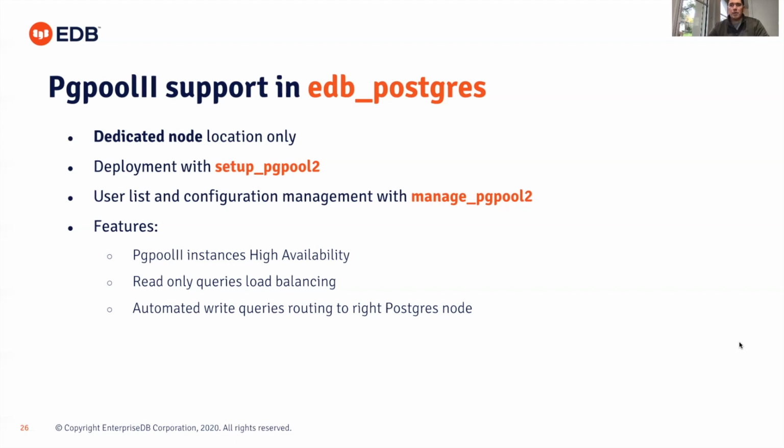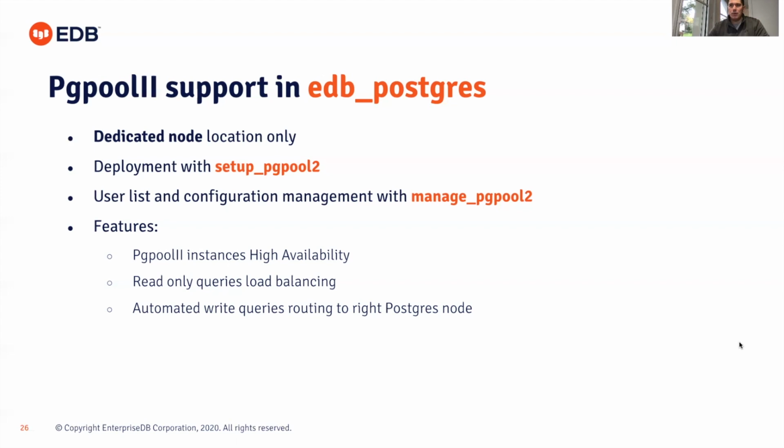Another interesting feature is that Pgpool can balance read-only queries across the Postgres nodes. This is useful for read scaling when we have several Postgres standby nodes. And another interesting feature is that Pgpool can be configured to automatically detect which of the Postgres nodes is the primary one.